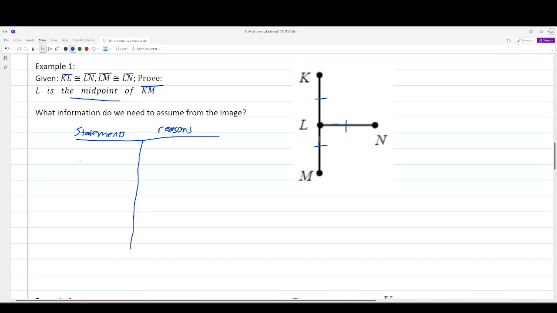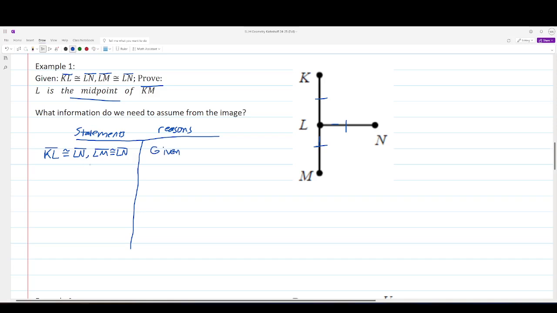We can write each given thing on a separate line or write them on the same line. Since this is short, I'm just going to fit them together. So KL is congruent to LN, and my other statement, LM, is congruent to LN. The reason is that that is our given information.